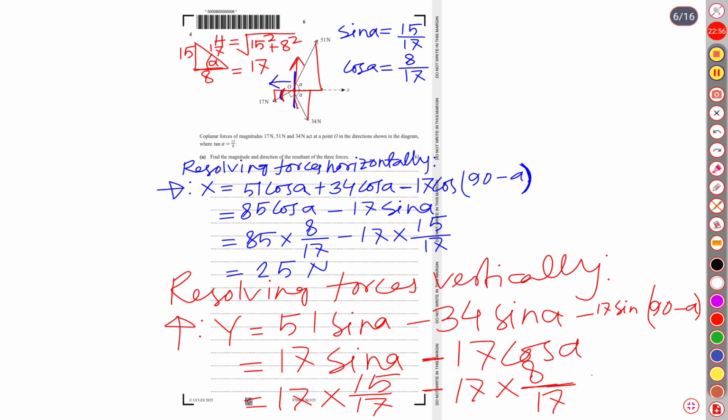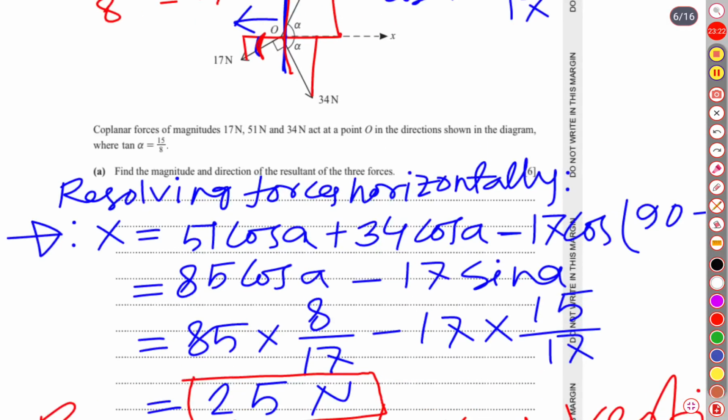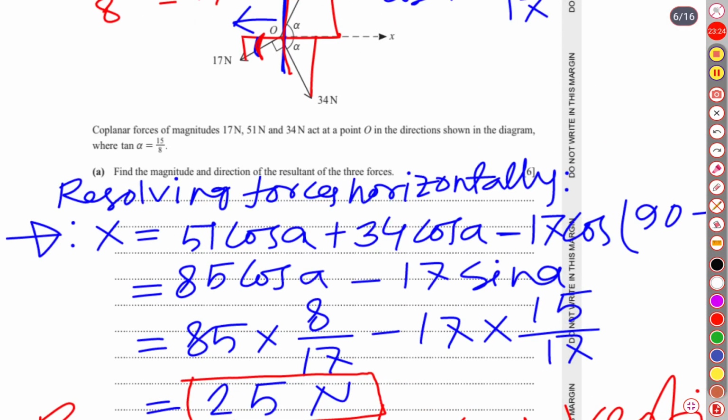It is going to be 15 minus 8, that is 7 Newton. So the horizontal resultant force is 25 Newton and the vertical resultant force is 7 Newton. Now we are going back towards our question. They told us to find the magnitude.